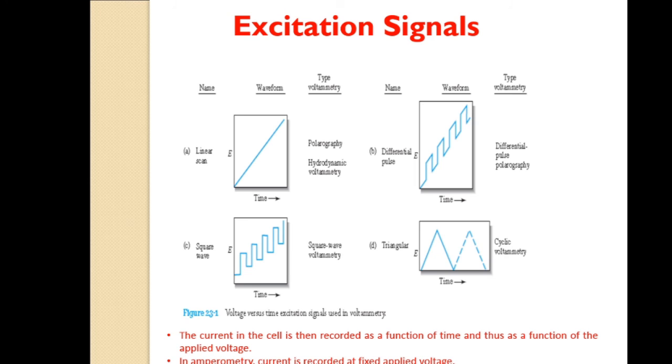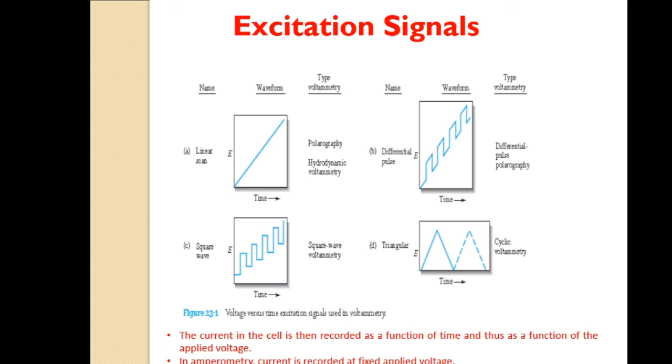In amperometry, the current is recorded at a fixed applied voltage. Whenever a linear scan is obtained, the type of voltammetry is polarography or hydrodynamic voltammetry. Figures B and C are the different types of pulse voltammetry techniques, where the current is recorded at the end of the pulse, and the last one is the triangular shape.